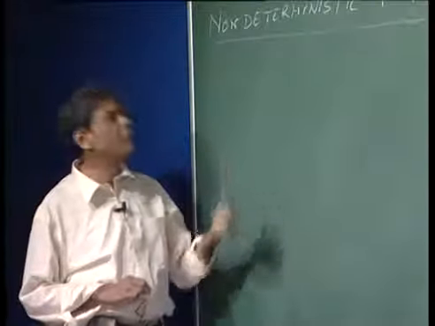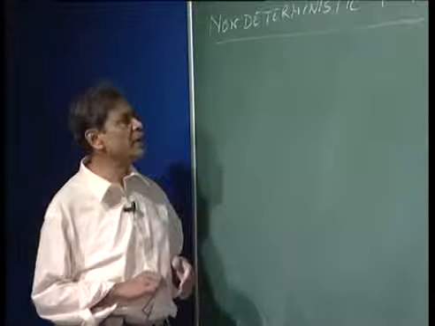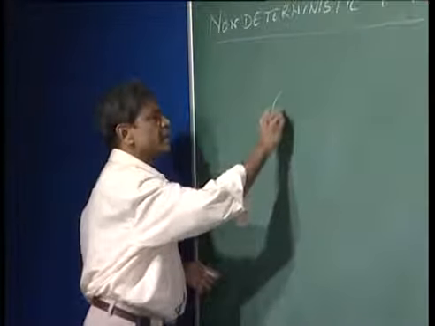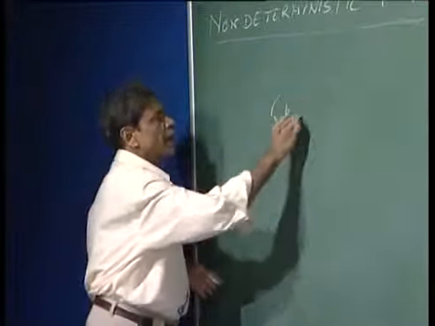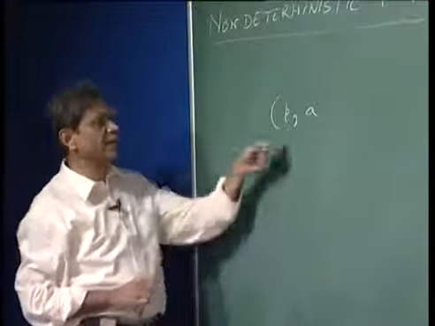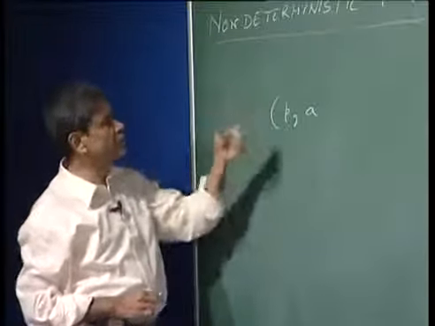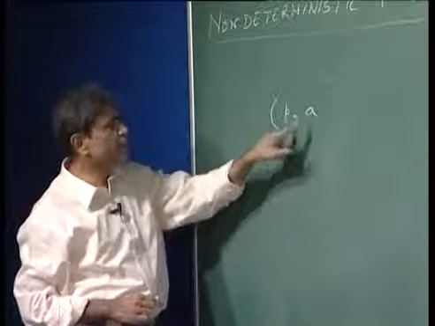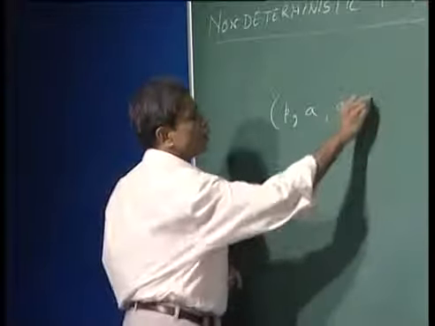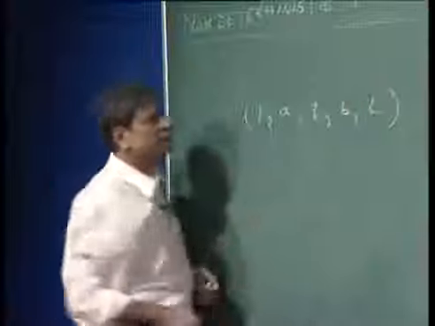So, if you go back to our notion of a single tape Turing machine, we had a present state, let us say P, and the symbol being scanned is A. Now, if the machine is deterministic, this will completely determine what the next state is, what symbol would be written here, and which direction the head will move.